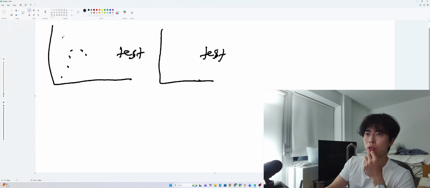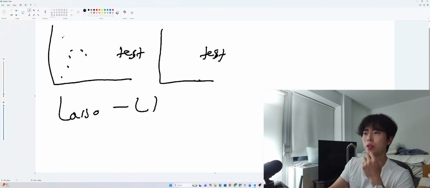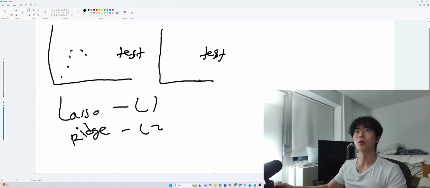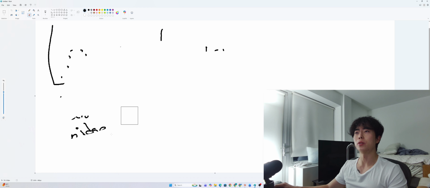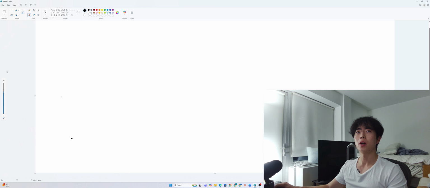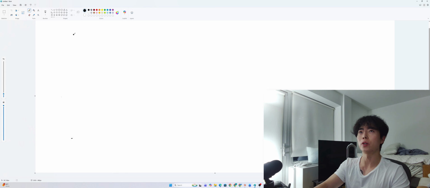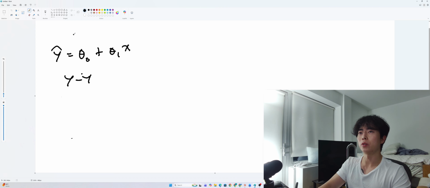Now, before we go to logistic regression, lasso regression is L1, L2 is ridge regression. And the way machine learning models train and learn their weights is, once they have their own algorithm for each model, we're going to try to minimize this.